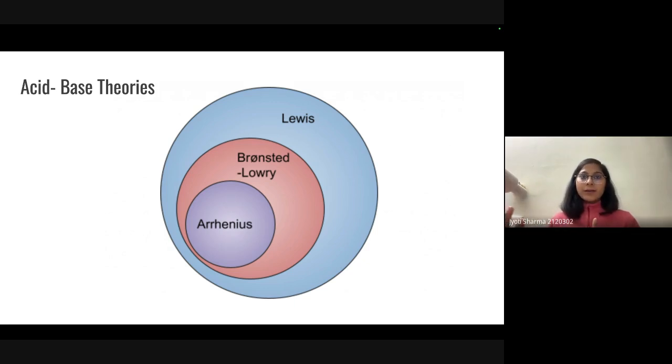Otherwise it would not. So a lot of terms and conditions decided what was selected as acid and base. Then these conditions were made more lenient by Bronsted-Lowry, and then Lewis gave very general definitions of acid and base.